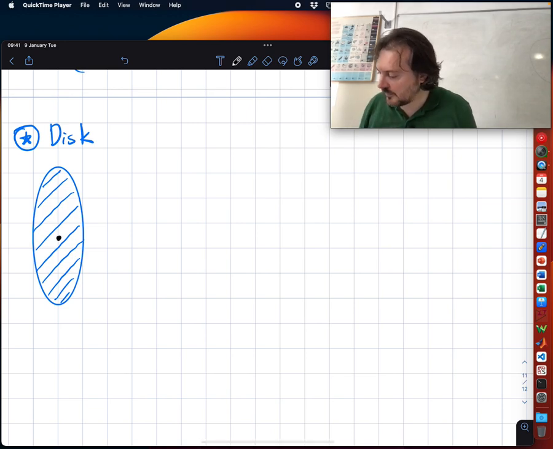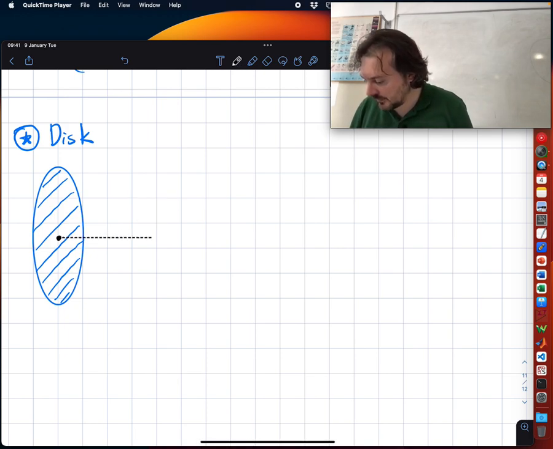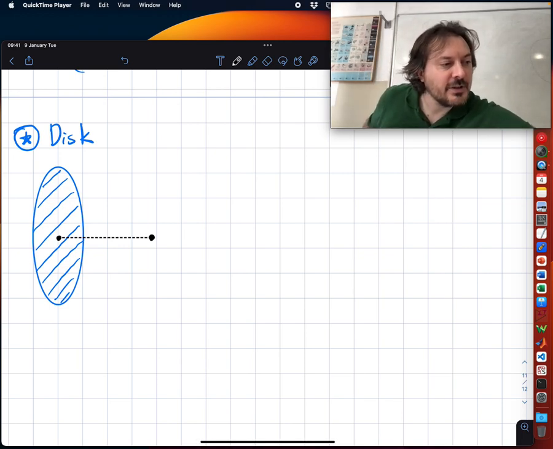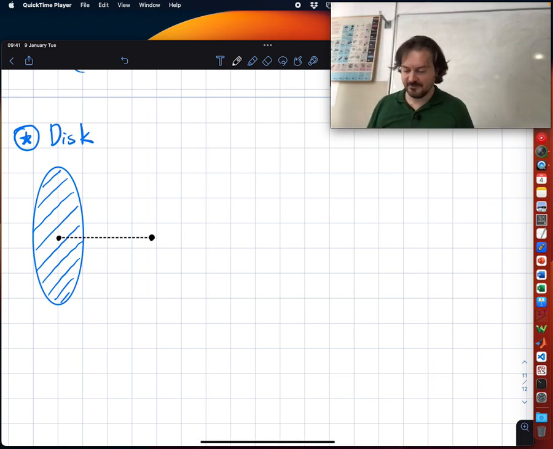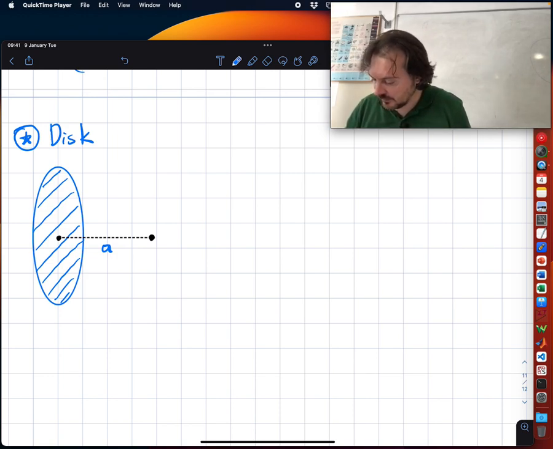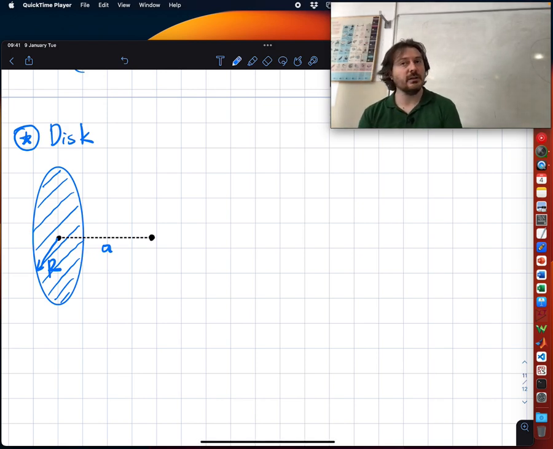This is the central point, and perpendicular to that central point, we have another point. In my notes, I have used A for this, so let me use A this time, and let me call this R. We are not confused, right?